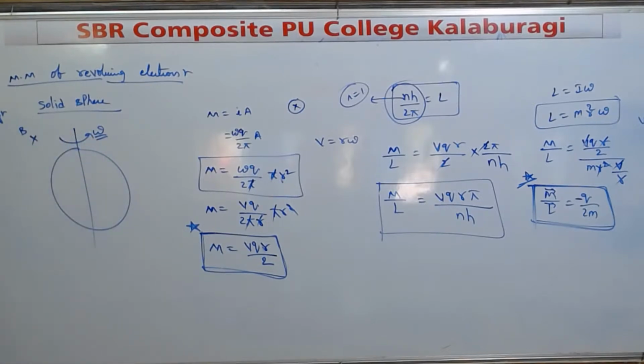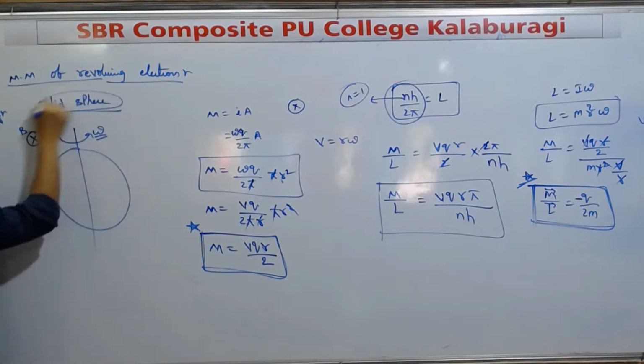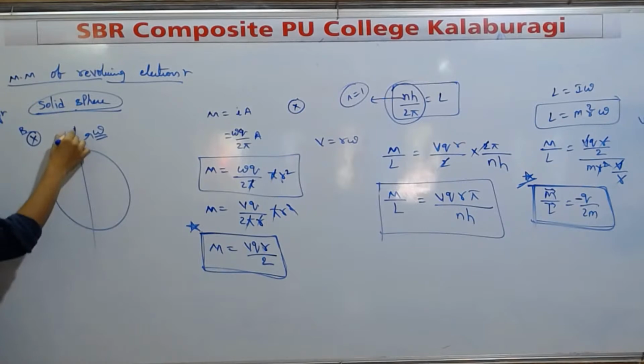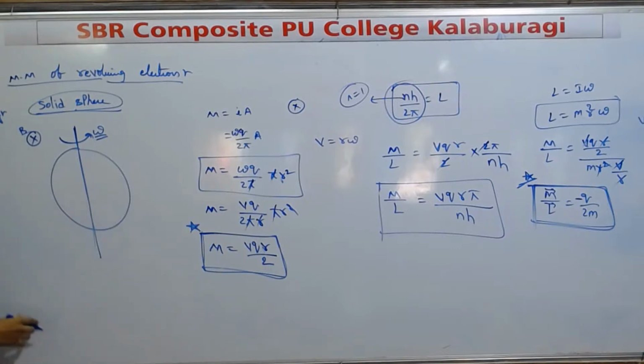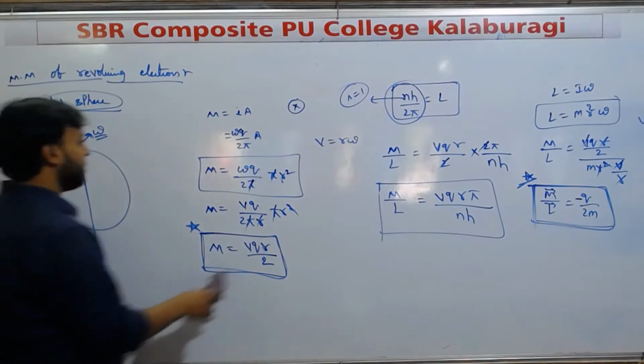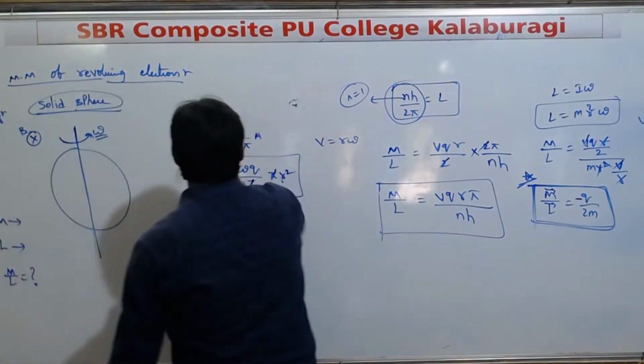Happy with the point? In this region, inward magnetic field is there. Solid sphere I consider. With respect to this axis, it is rotating with an angular velocity omega. Find the magnetic moment, find the angular momentum, and find the ratio of those two.